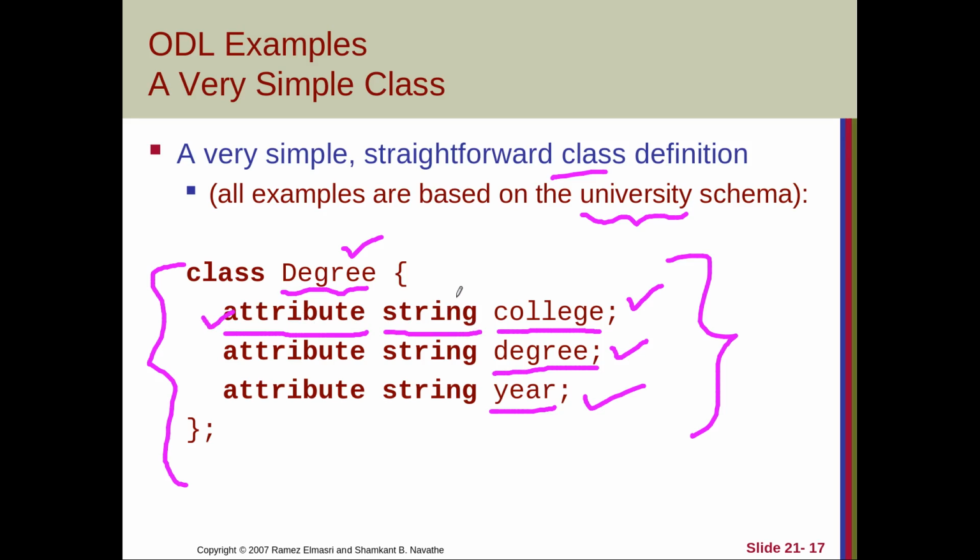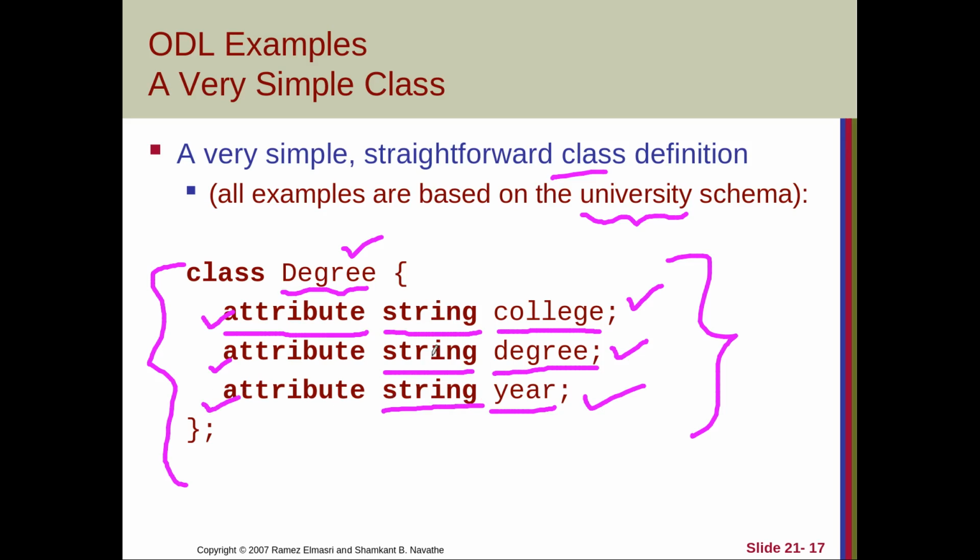College is an attribute of string type. Similarly, degree is also an attribute with data type string. Then year is also an attribute with data type string.